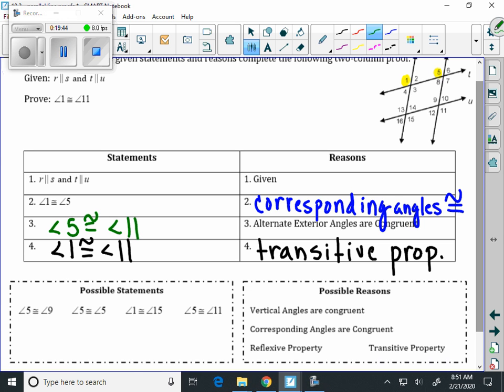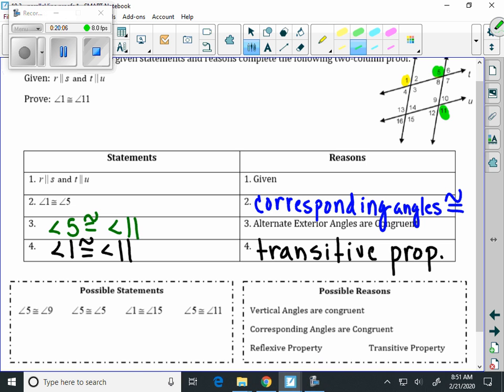Our angle 5 and angle 11, here's angle 11, I just totally covered it up here, but we'll try better. Here's angle 5 and angle 11. Are those alternate exterior angles?